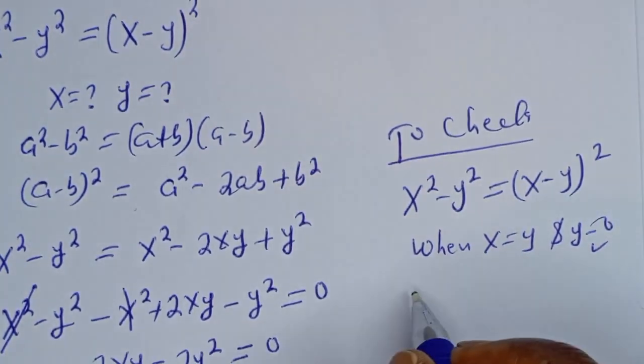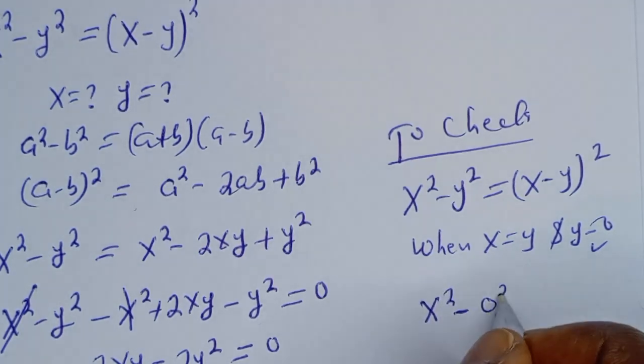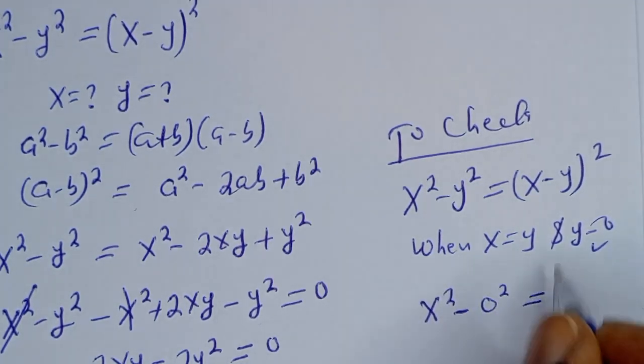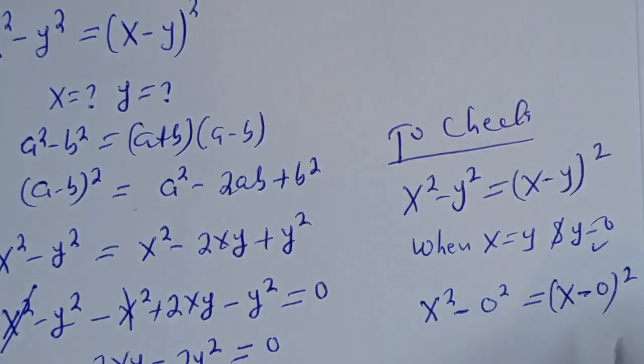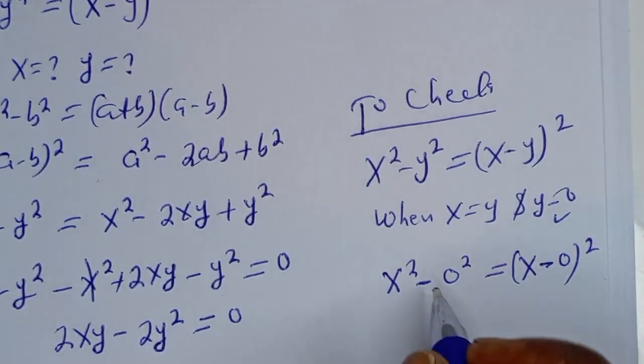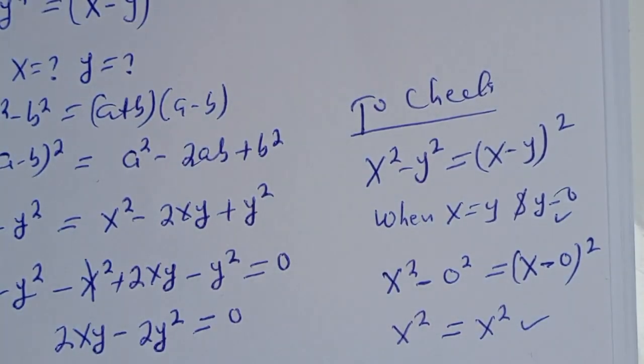When y is equal to 0, we have x squared minus 0 squared must be equal to (x minus 0) all squared. Now this is x squared is equal to what? Here is x squared, which is true.